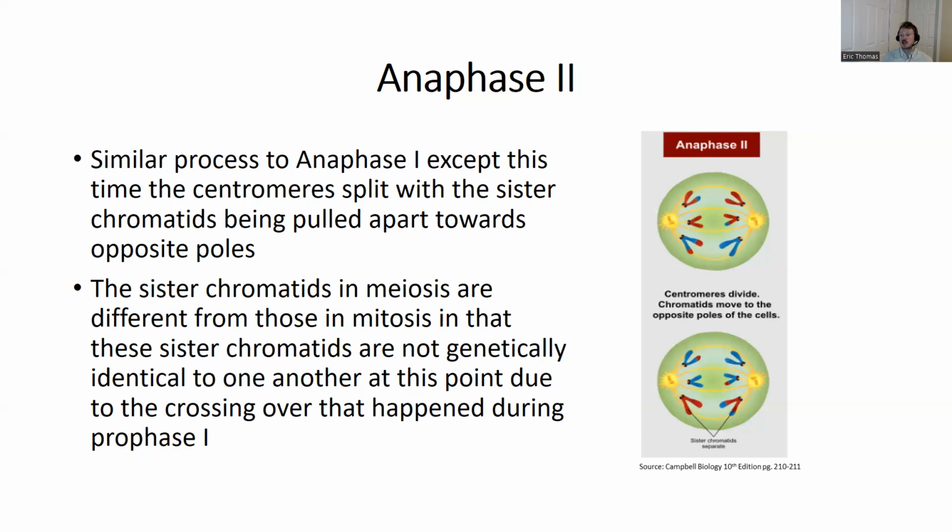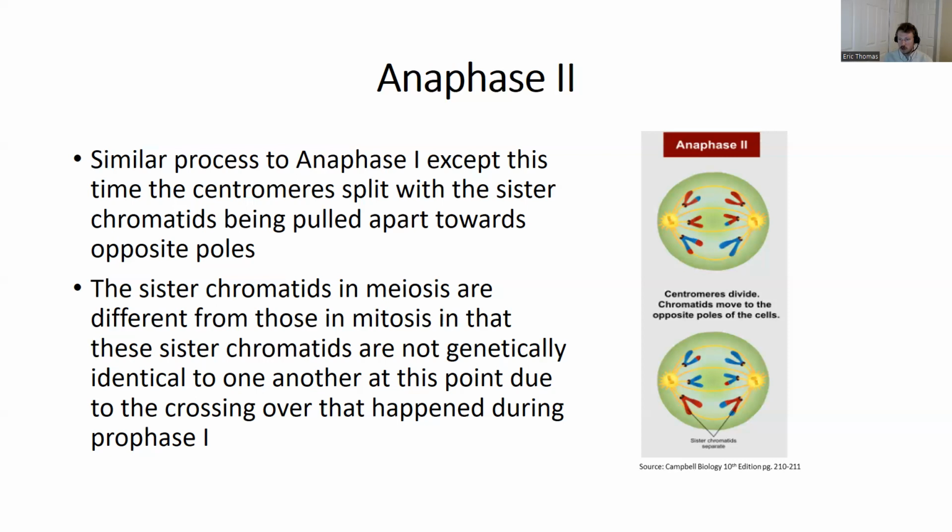And that's sort of what separates this from mitosis as well, because in mitosis, we're just replicating the cell, full stop, to create a new one. In mitosis, the sister chromatids are genetically identical to one another because that's the whole point of that process. This is a bit different. So at one point, even in meiosis, there were genetically identical sister chromatids, but early on in that process, that's no longer the case.